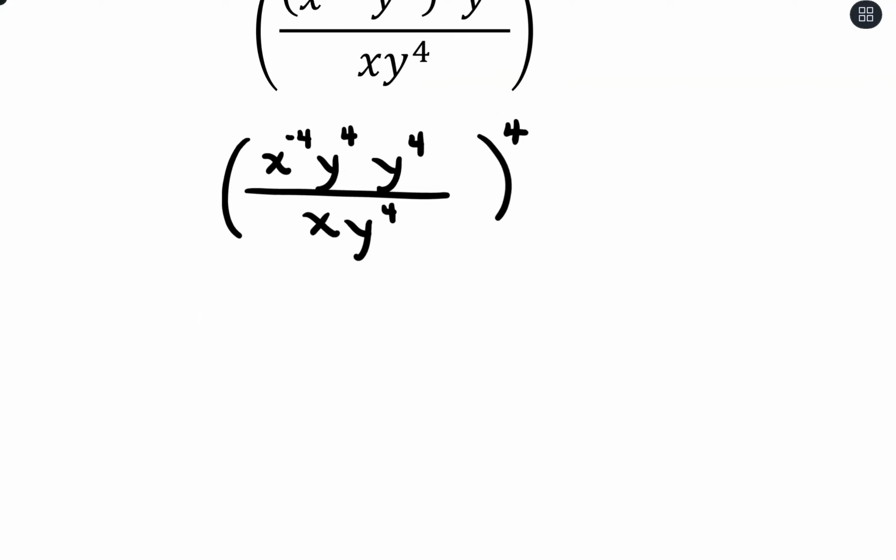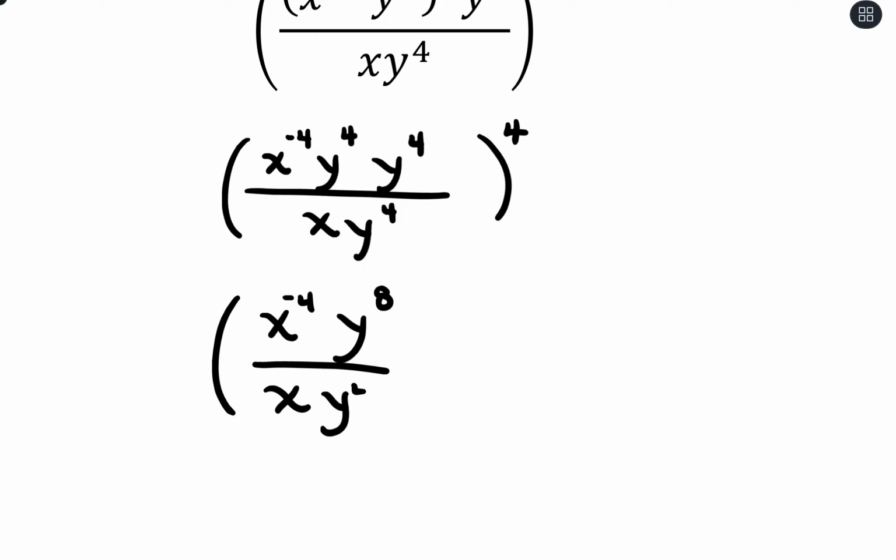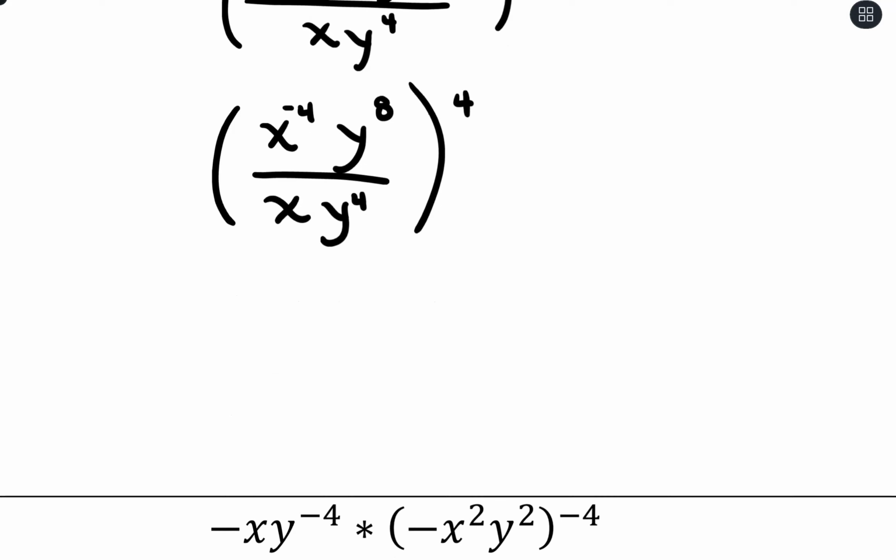Okay, let's go ahead and in the numerator combine y to the 4th. So we would add them together to make y to the 8th over x y to the 4th, all raised to a power of 4. Now I'm going to go ahead and use my subtraction rule.